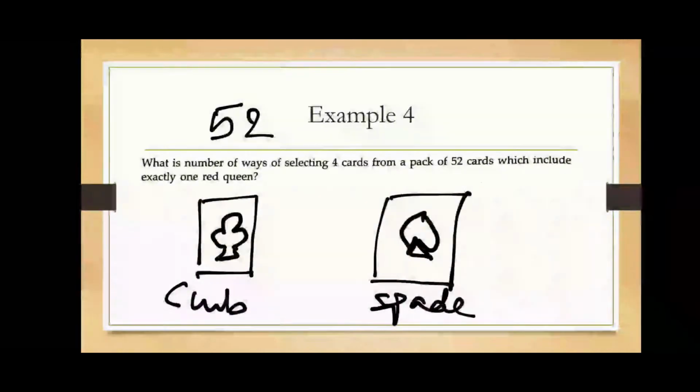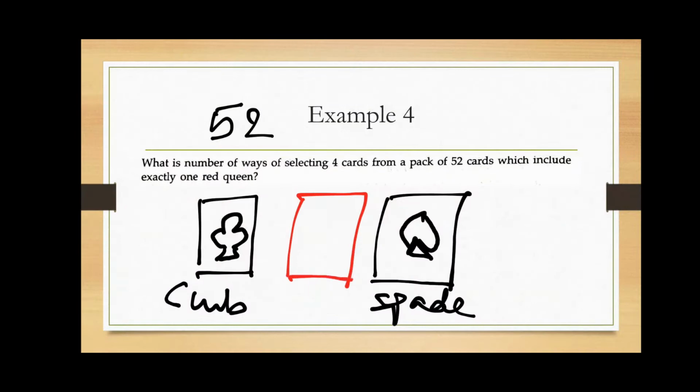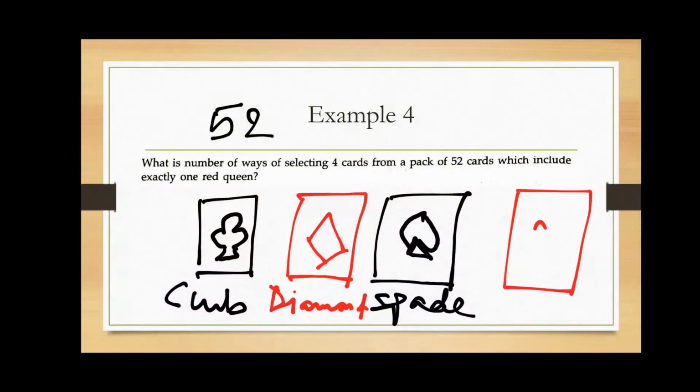Then let me change the color a bit. Then we have the diamonds. And finally, we have the hearts. Obviously, I didn't write them in the exact order. It should be club, diamond, heart, and spade, but nevertheless.